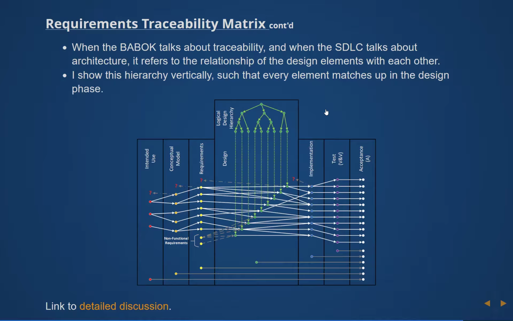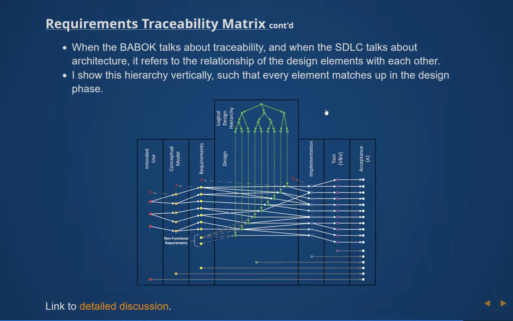You've got other mission systems, electronics, communication, landing gear and safety and stuff. So all those can be subsystems and all those can be broken down infinitely almost below that. So that's your logical design hierarchy. That's what the BABOK and SDLC talk about.